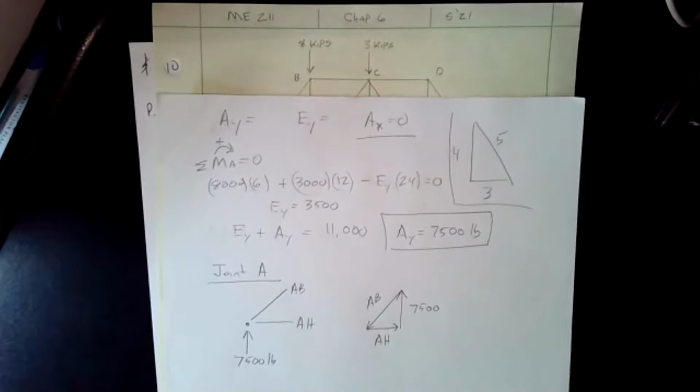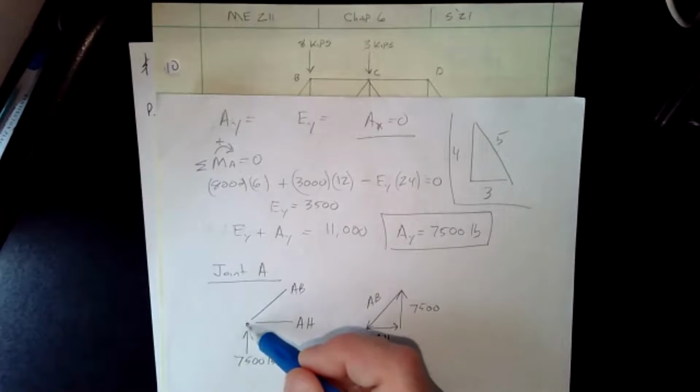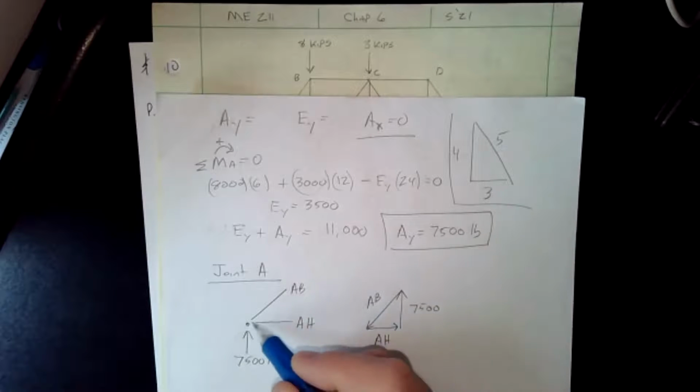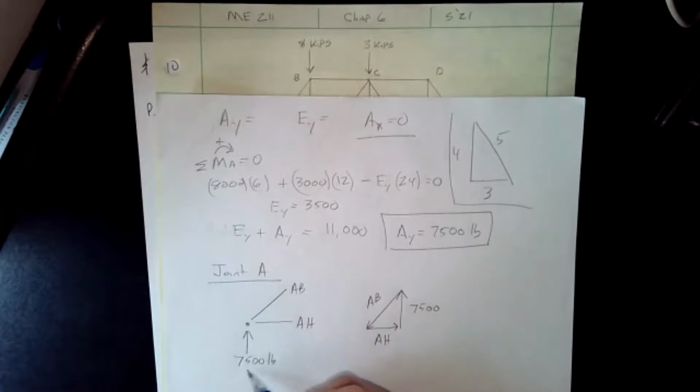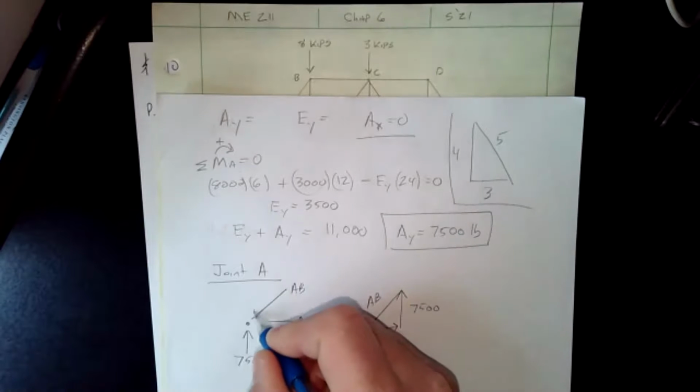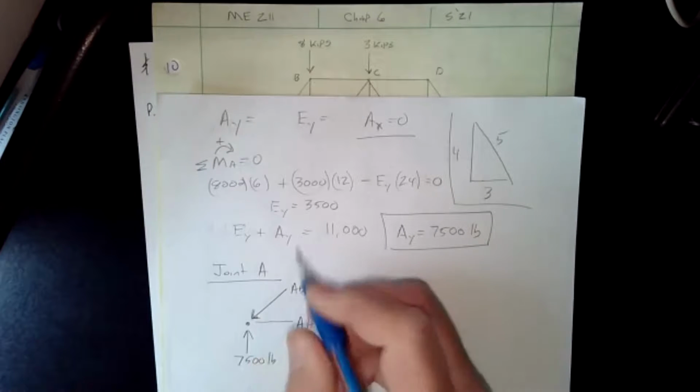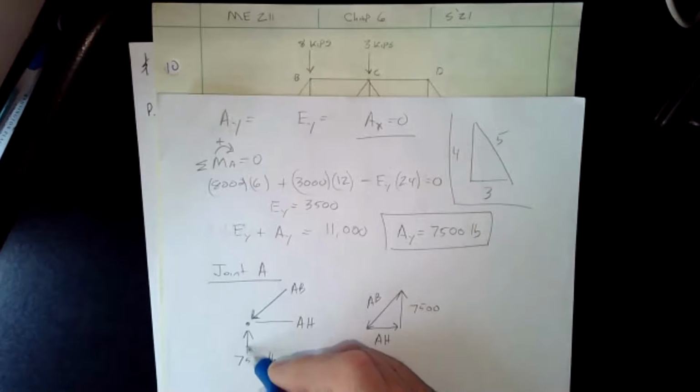Now, notice that we only care about joint A. All the other joints in the truss don't matter because each joint has to be in equilibrium in and of itself. So these are the only forces that matter at this point. If we have 7,500 pounds going up, then since this has no vertical component, this has to go down, because that's the only way to counteract the 7,500 so it's in equilibrium.